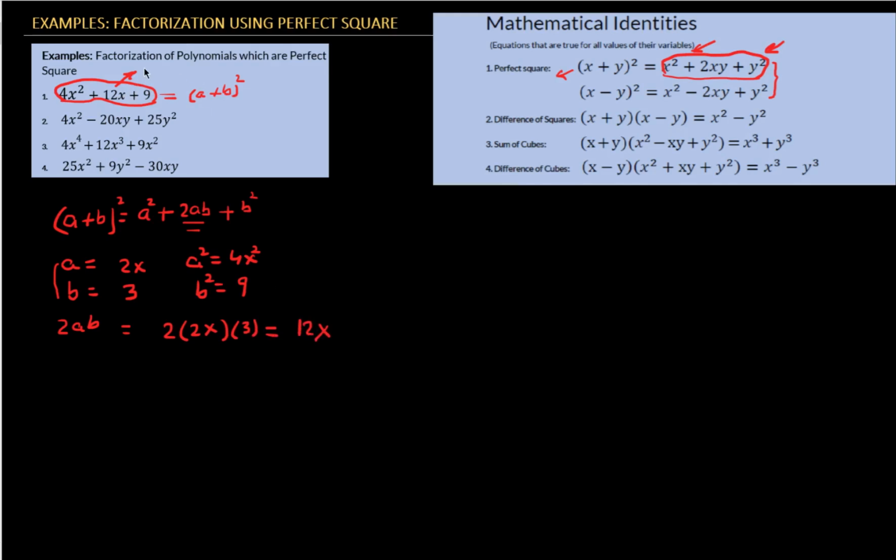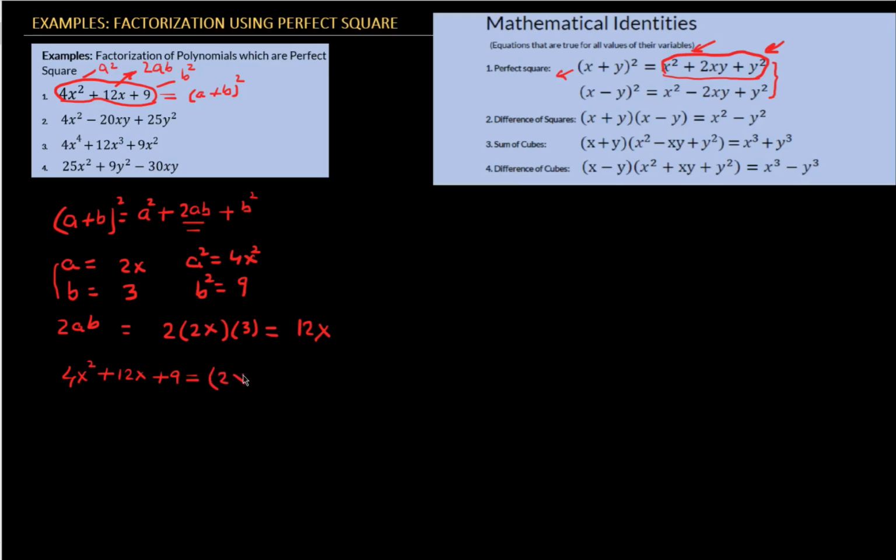Since our middle term is 2ab, this term is b square, this term is a square, so it is confirmed that this trinomial is a perfect square and it is equal to a plus b whole square. So we can write it as 4x square plus 12x plus 9 is a perfect square of a plus b.